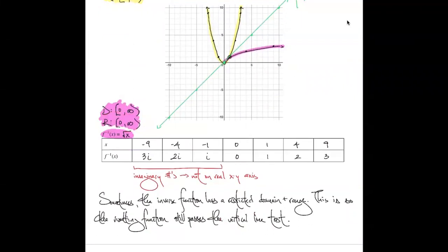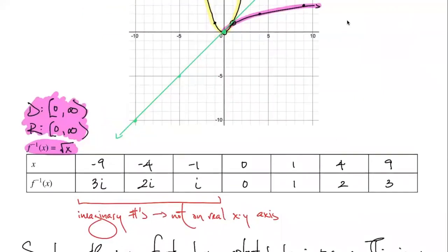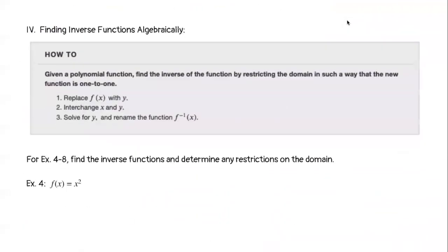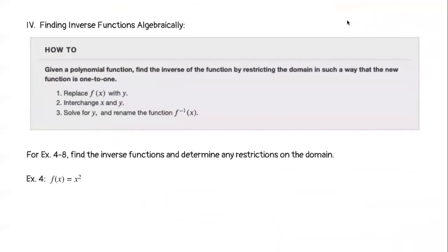All right, we're going to take a look at one last way of thinking about inverse functions, and that is finding inverse functions algebraically. All right, now I've cut and paste from your textbook here because I think it's important for us to engage in the textbook, right? Sometimes we think, oh, well, somebody else explains it better, so I'm just going to listen to someone else.